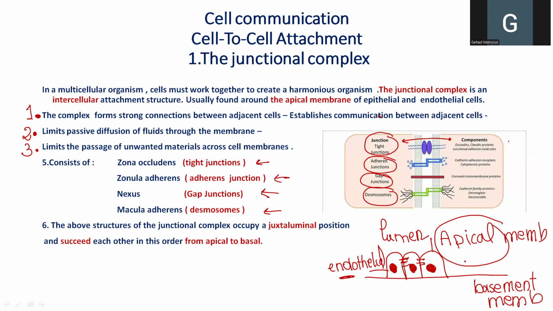And because they are apical, they will be towards the lumen of the small intestine. So we call them juxtaluminal in position. And they succeed in order from apical to basal. So this is the most apical and this is the most basal.